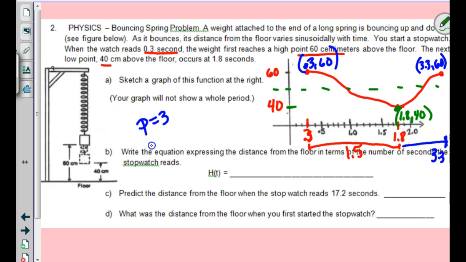Is it the amplitude or is it the vertical shift? It could be the same number, but it's not. If this is 50, is that the amplitude or the vertical shift? The vertical shift is 50. It will help us find an amplitude of what?